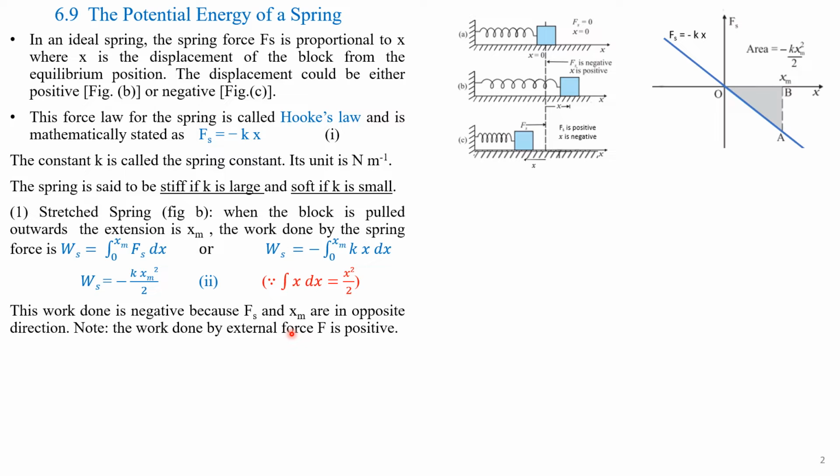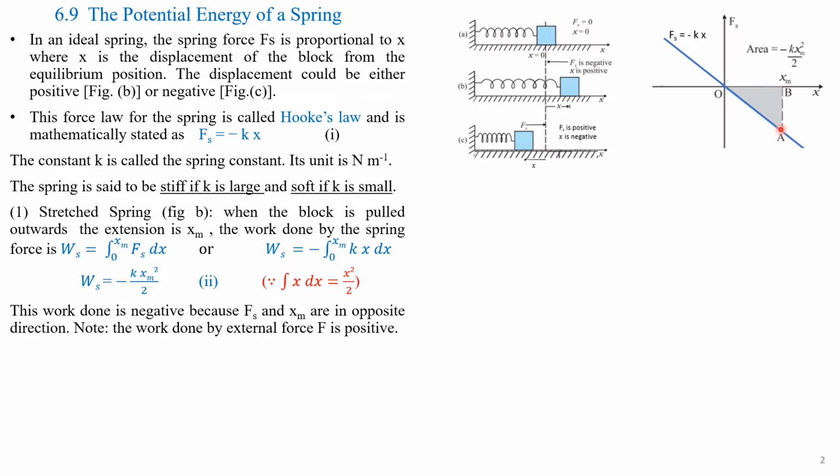This figure B can also be explained using diagram D, which is shown on the right hand side. The plot of Fs versus x is shown in figure D. The area of the shaded triangle OBA represents the work done by the spring force.